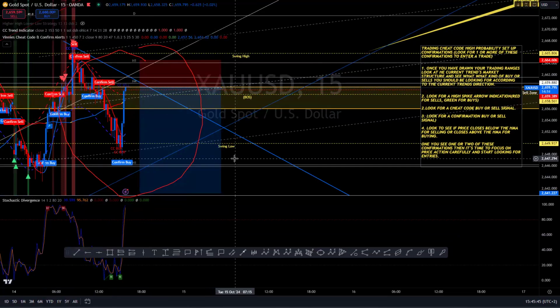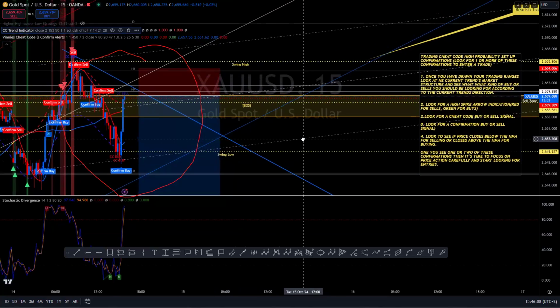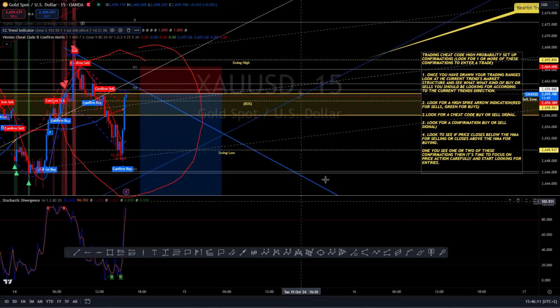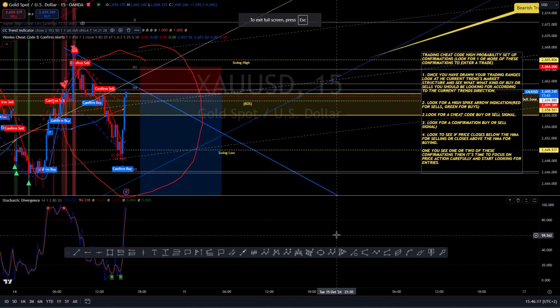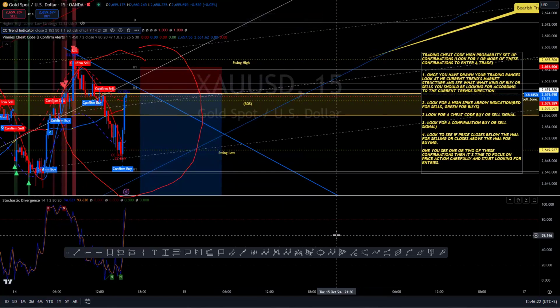I feel comfortable buying up in this area. I'm comfortable buying up in this area. Got a two-candle sell there.